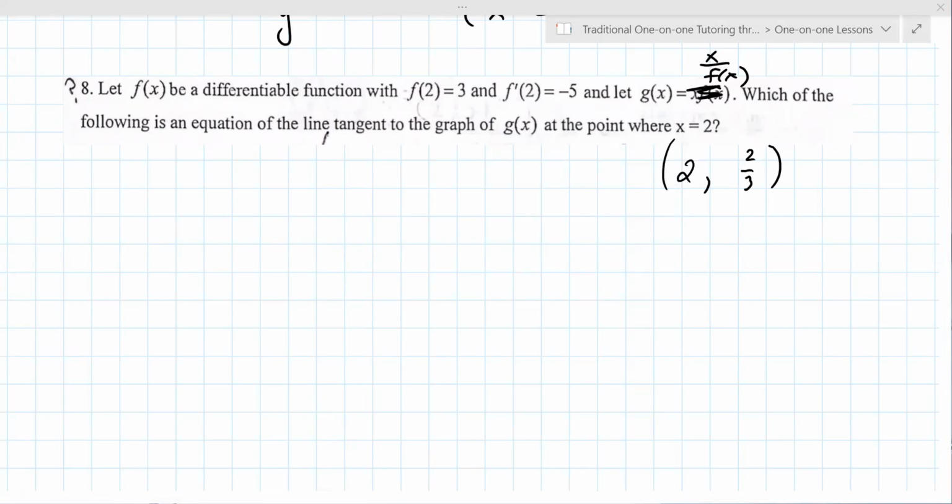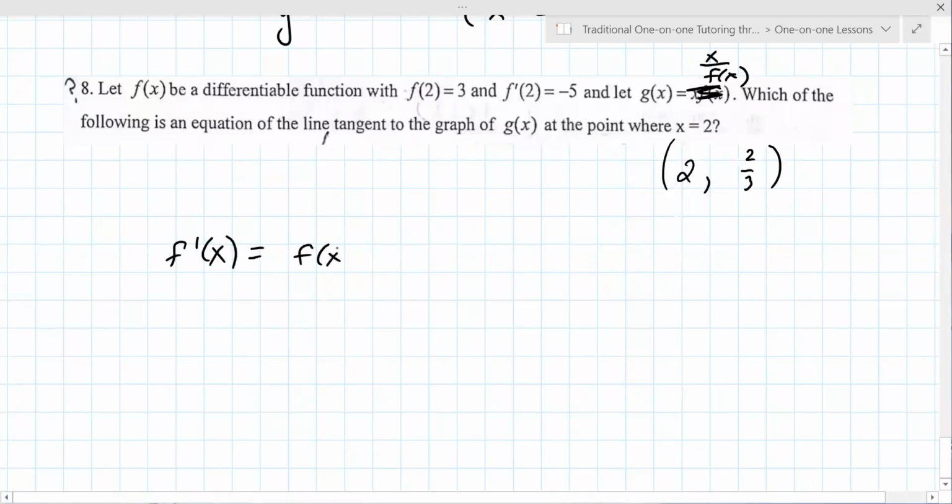F of 2 is 3 times 1, x is 2 times -5, squared. Is the slope 13/9? Let me get caught up to you here.